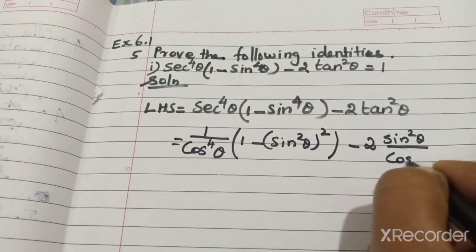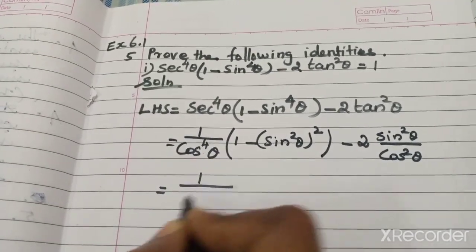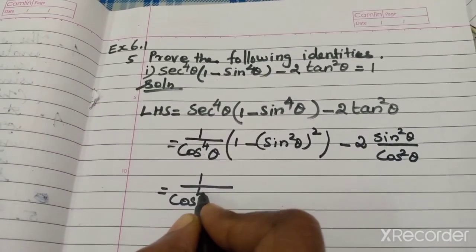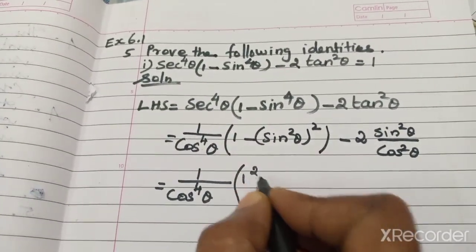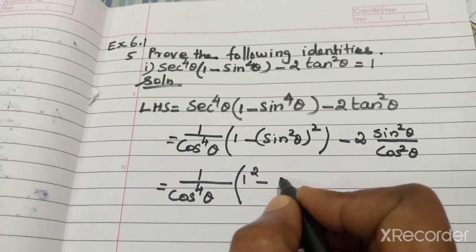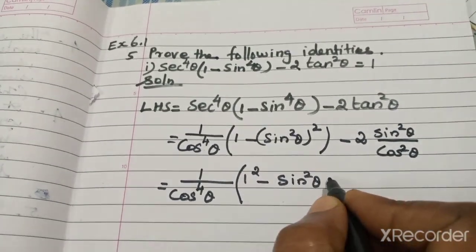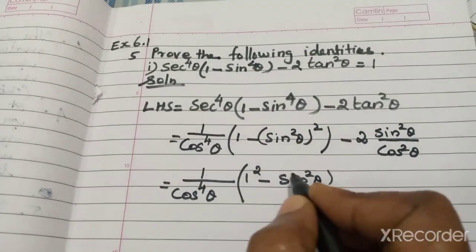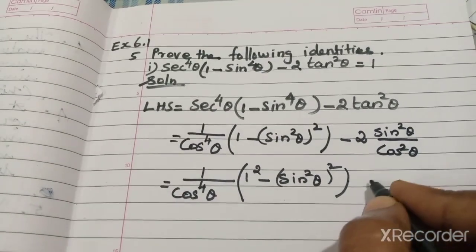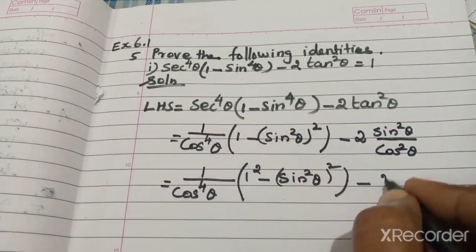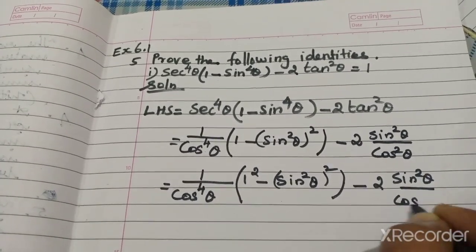Which is equal to 1 by cos power 4 theta into, let us write this 1 as 1 square to use the formula. Okay, 1 square minus sine square theta the whole square. Close this bracket, minus this term as it is, 2 sine square theta by cos square theta.